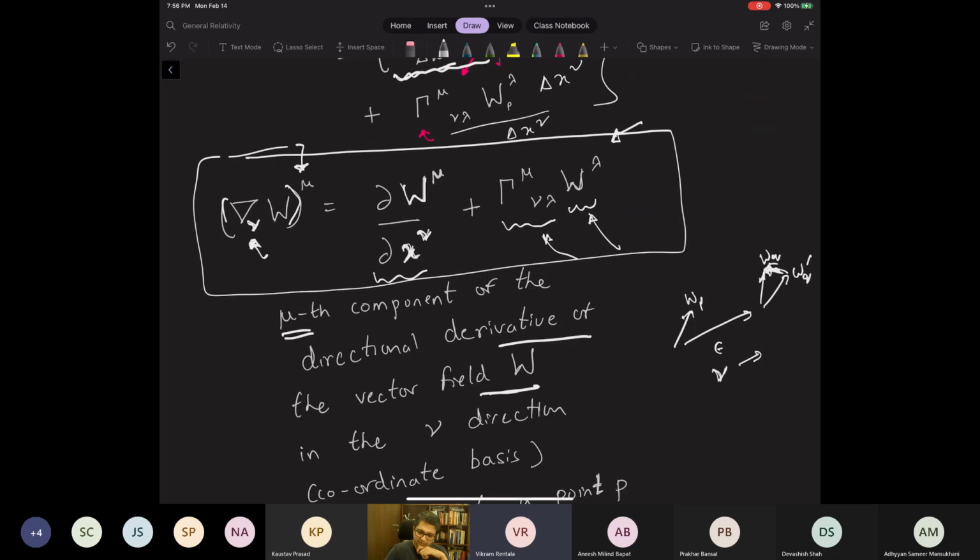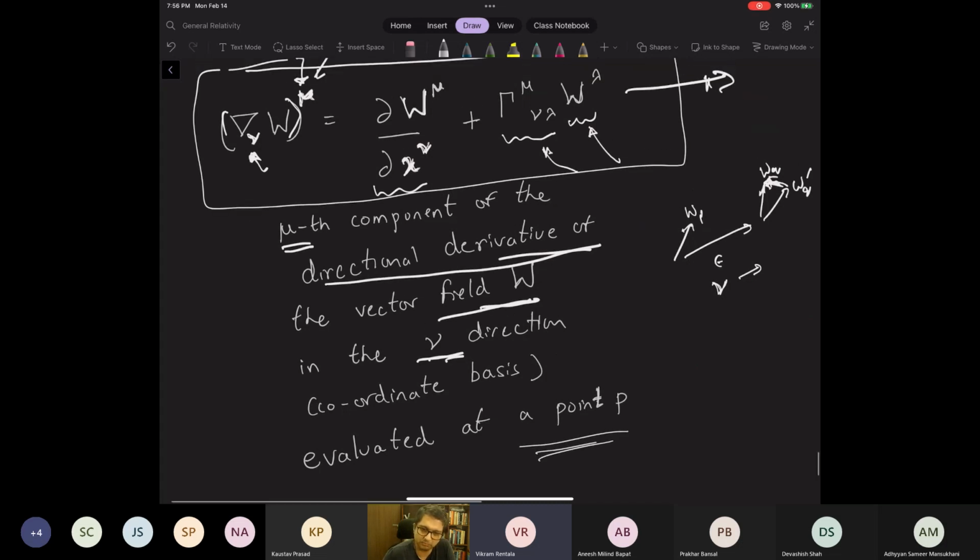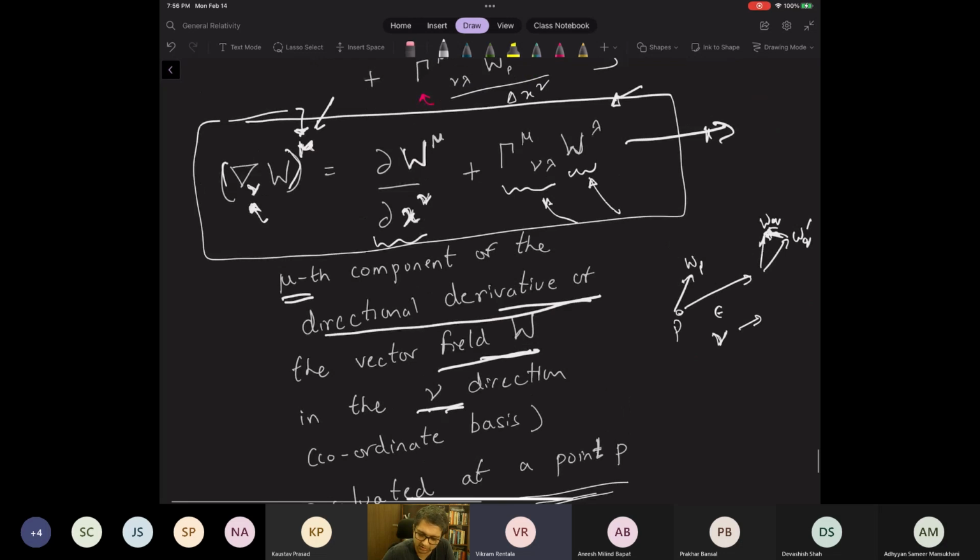Then I evaluate the muth component of that difference vector divided by epsilon, and that is this right hand side. So it's the muth component of the directional derivative of the vector field W in the nu direction, in some coordinate basis evaluated at the point P. This is the derivative, and we associate it with the point P. Any questions here? I'll pause.